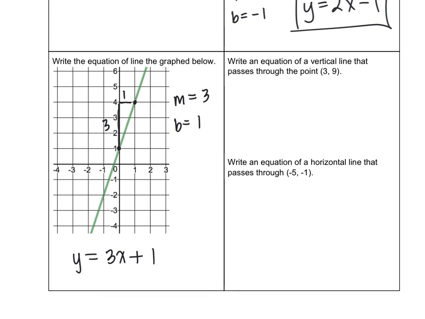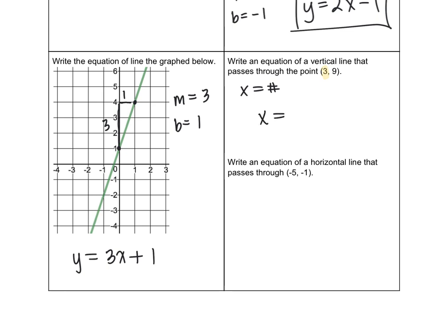Okay. Next, we're going to take a look at vertical and horizontal lines. So write an equation of a vertical line that passes through the point (3, 9). So vertical lines are always x equals a number. And you always go with the x value from the point you're given, because the x value is the one that's the same.